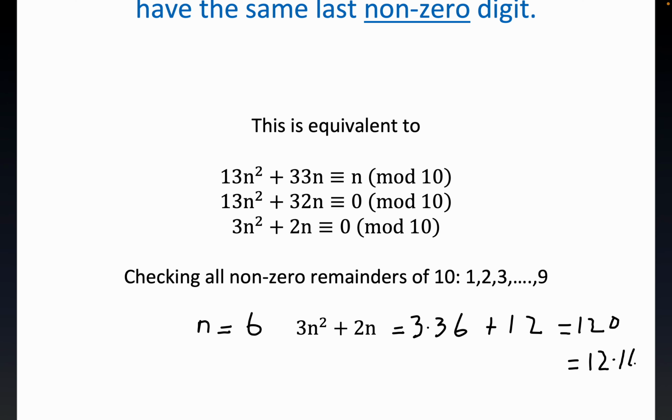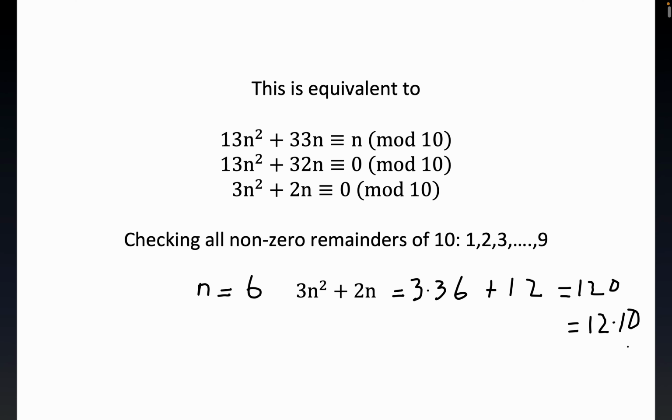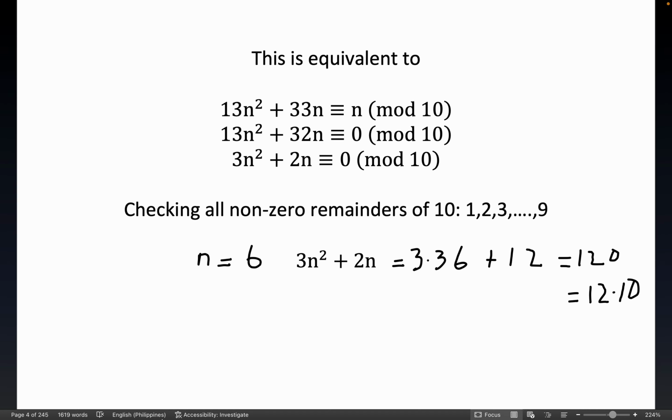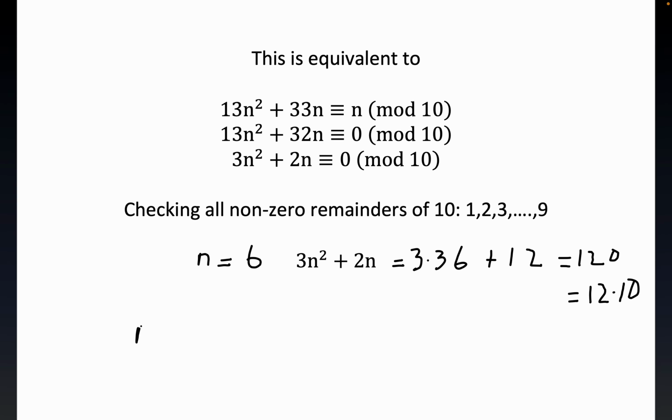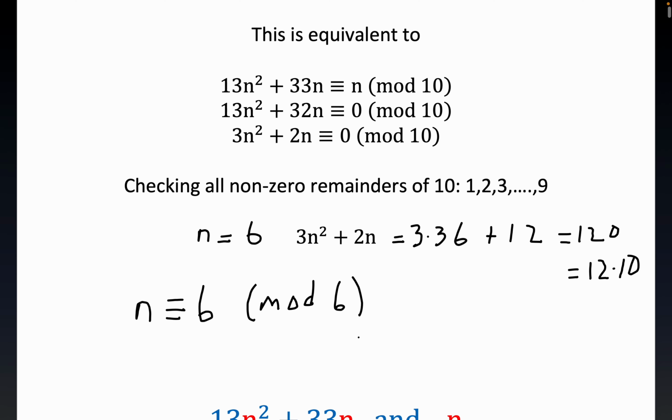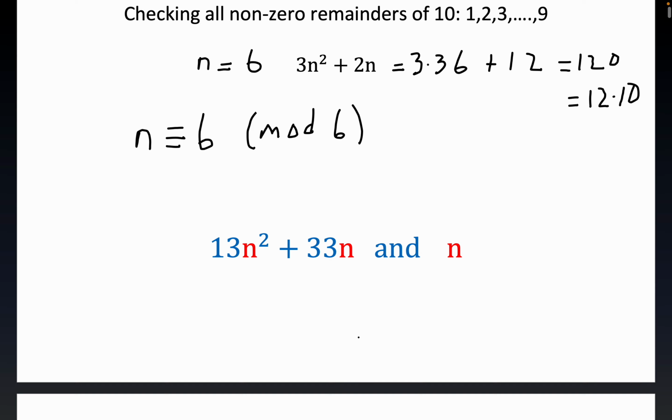Now what we've shown here is that n is congruent to 6. n must be congruent to 6 mod 10. We found one solution, and any other solution has to be congruent to that solution, mod 10 in this case. Now I'll just write down another congruence here that we can check right now, folks.